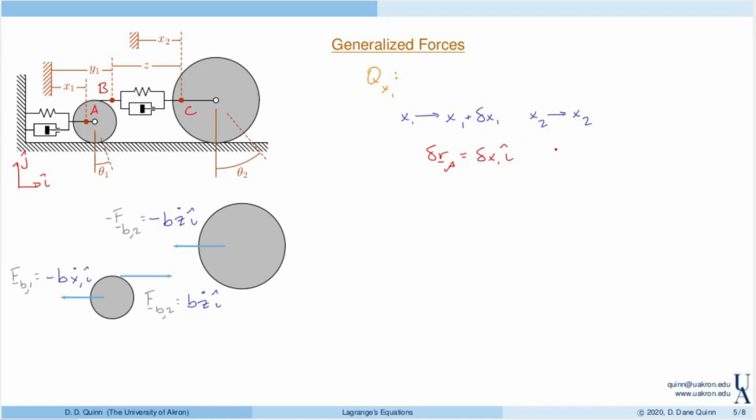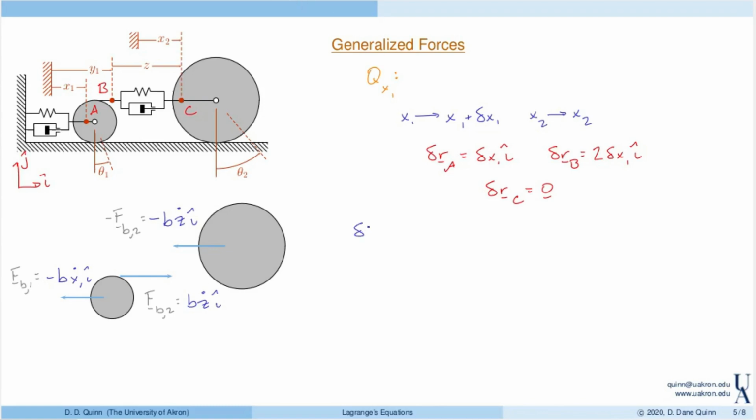Likewise, if delta x1 is incremented, then B moves twice that amount, because remember, y1 is twice x1. So the increment follows the constraint relationship. And then finally, point C, that doesn't move at all, right? Because x2 is held fixed, so there's no increment on C.